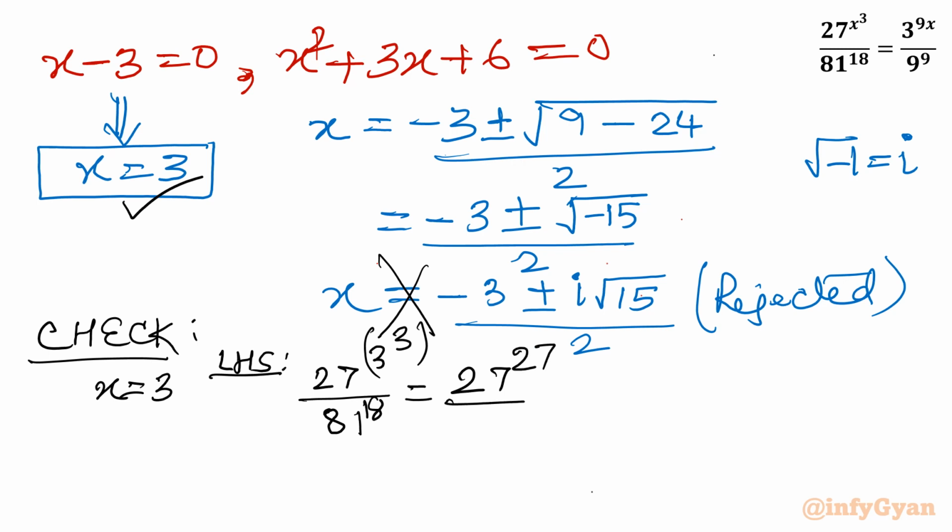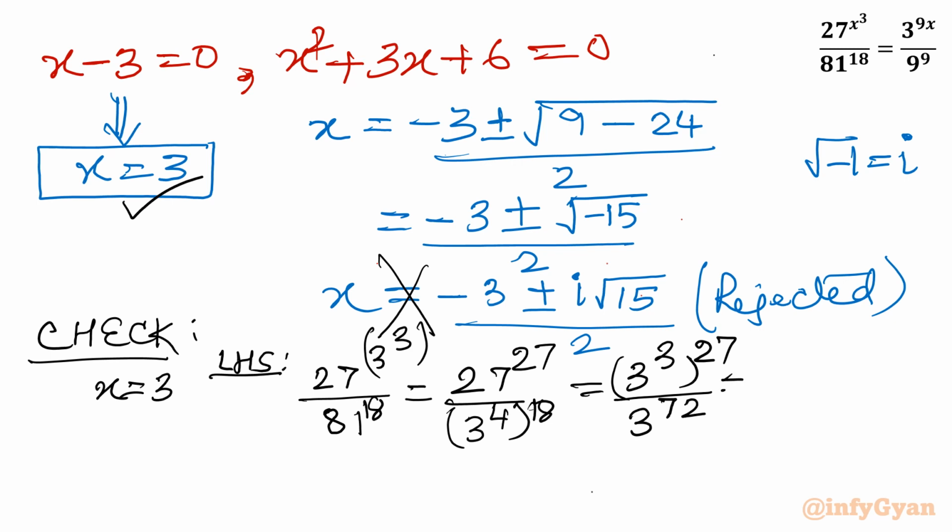Denominator is 3 power 4 and whole power is 18. Now I can write 3 power 3 as 27 base. Power is 27 divided by 3 power 4 times 18. So it would be 72. In numerator it is 3 times 27, 81, and in denominator it is 3 power 72. Difference in the exponent with the same base, we will get our answer 3 power 9 as LHS.